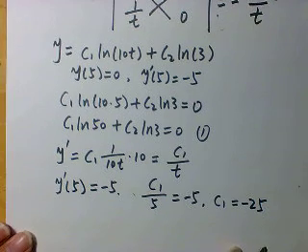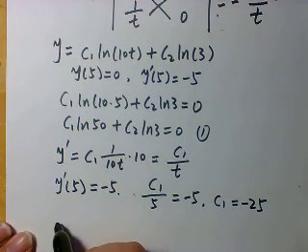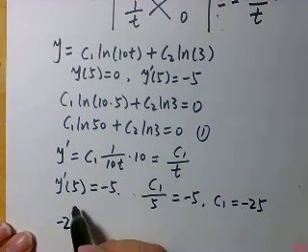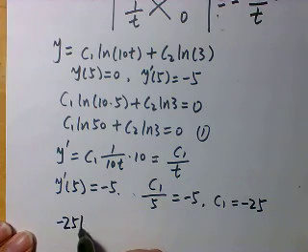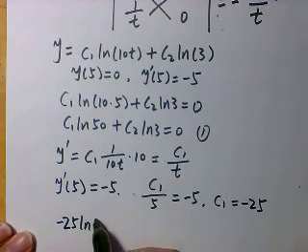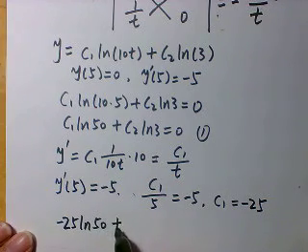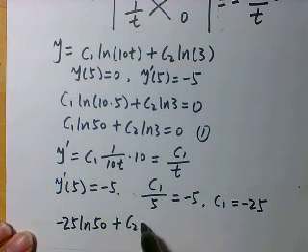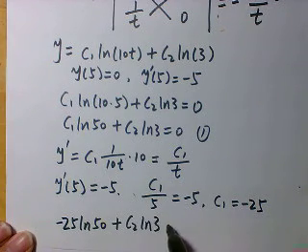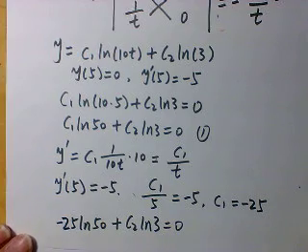Now let's take a look. Plug in c1, and we get -25 ln 50 plus c2 ln 3 equals 0, right?